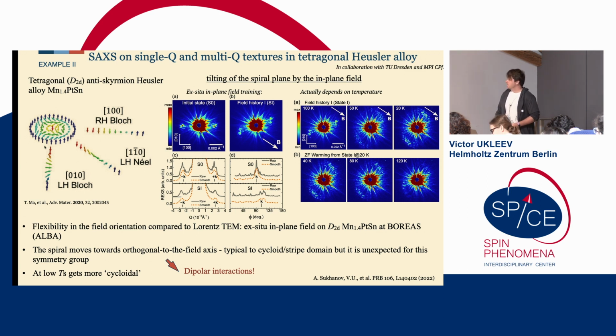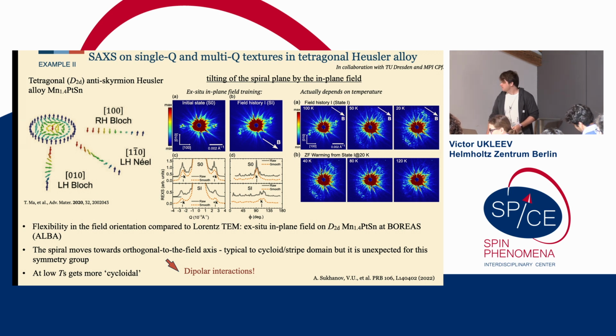And we have found that if we apply an in-plane magnetic field, we actually see that the spiral propagation vector tilts away from the direction of the magnetic field. It's already surprising that it doesn't follow the field as a helical structure is supposed to, but behaves rather like a cycloid. And there's also a temperature evolution of this tilting behavior.